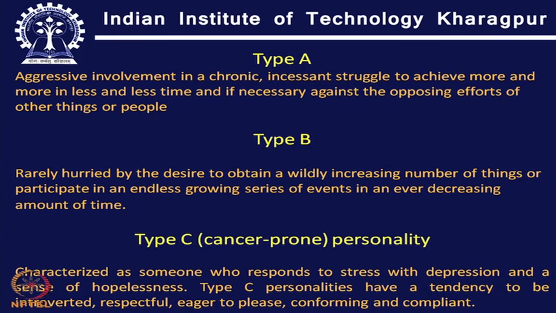Type B people are, oppositely, rarely hurried by the desire to obtain a widely increasing number of things or participate in an endless growing series of events in an ever decreasing amount of time. So, type B, if you can understand, are very casual people. They are rarely stressed by the deadlines, and they carry out their work slowly.